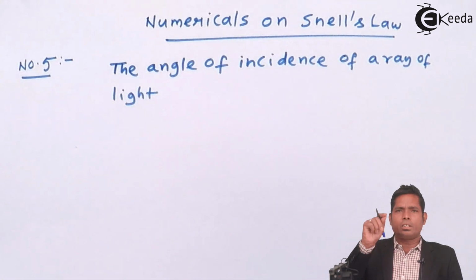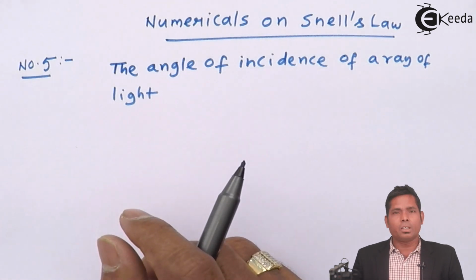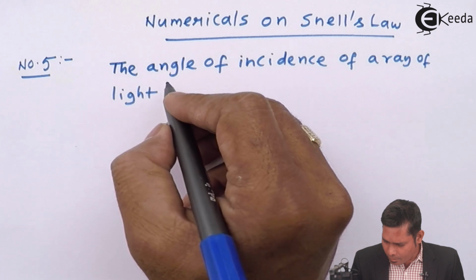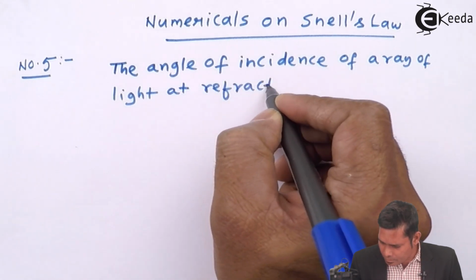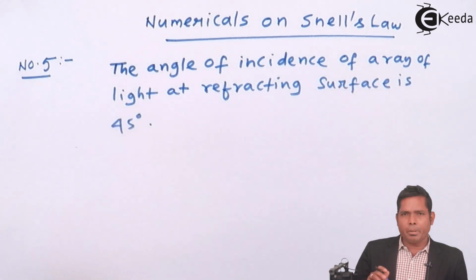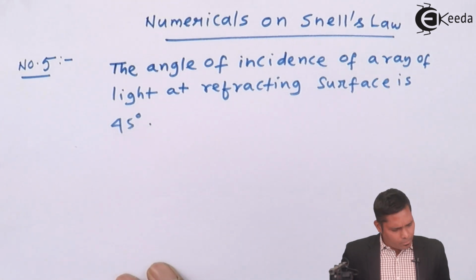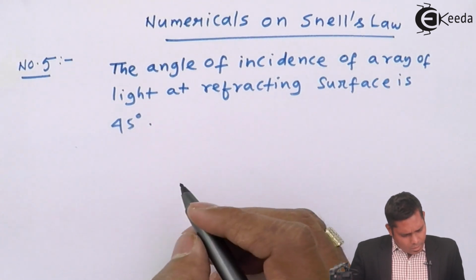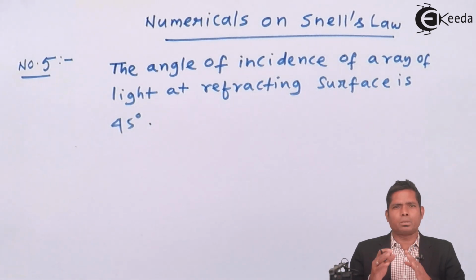The angle of incidence for a ray of light at a refracting surface of a prism is 45 degree. That means to the first face it is hitting at an angle of 45 degree, and it says that the angle of the prism is 60 degree.